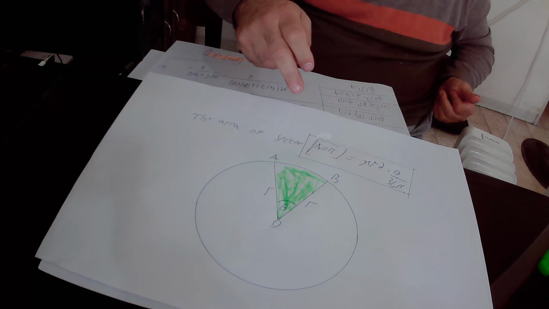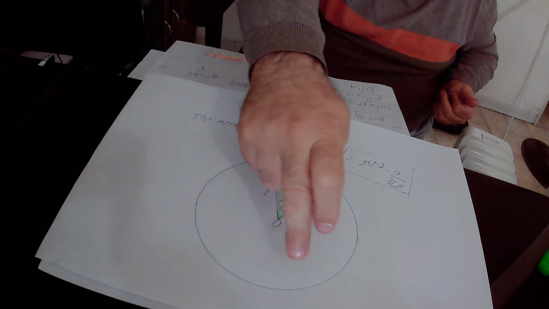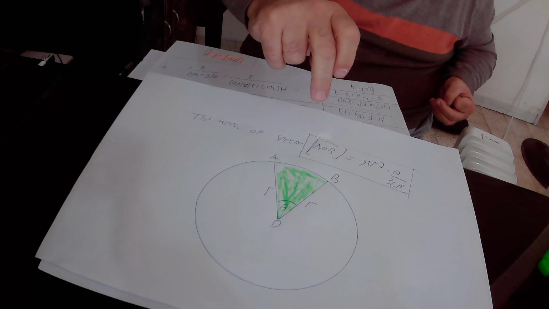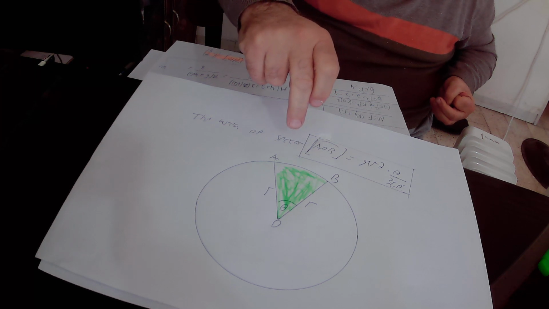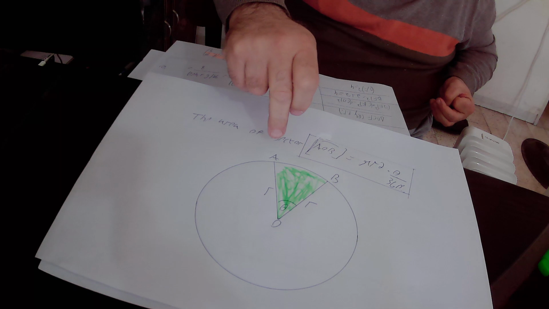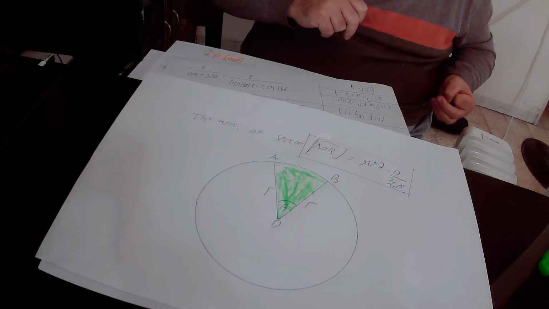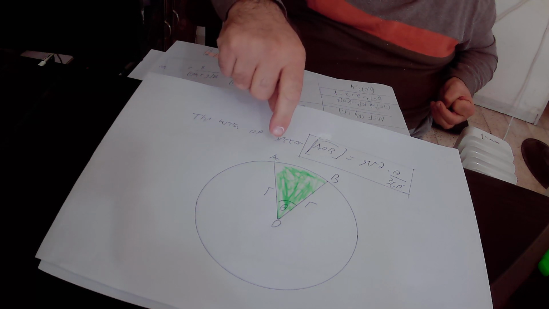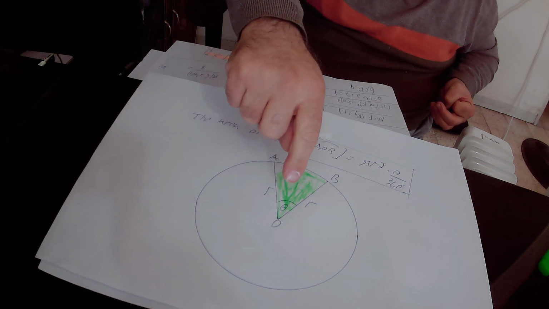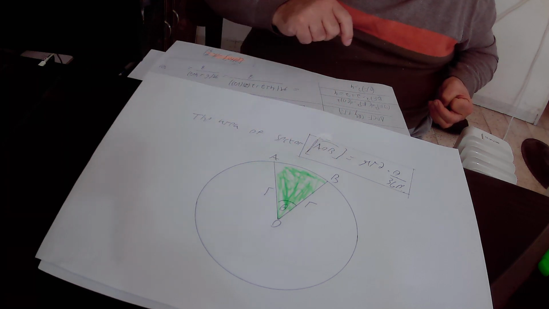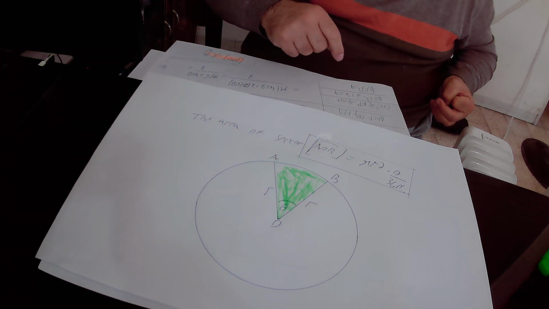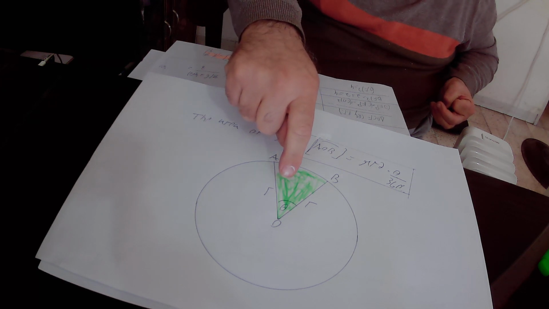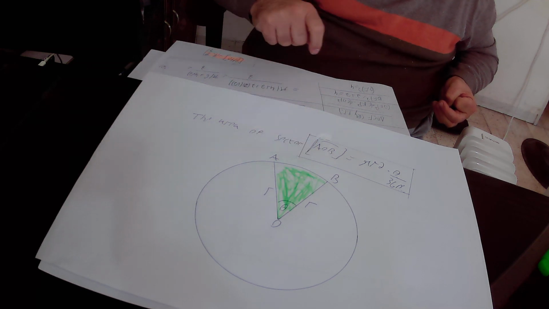If the circle is a cake, then the sector is a slice of a cake. Okay? So AOB is a sector. The sector consists of 2 legs. The first leg is AO and the second leg is BO. And the angle between the legs of this sector is theta.